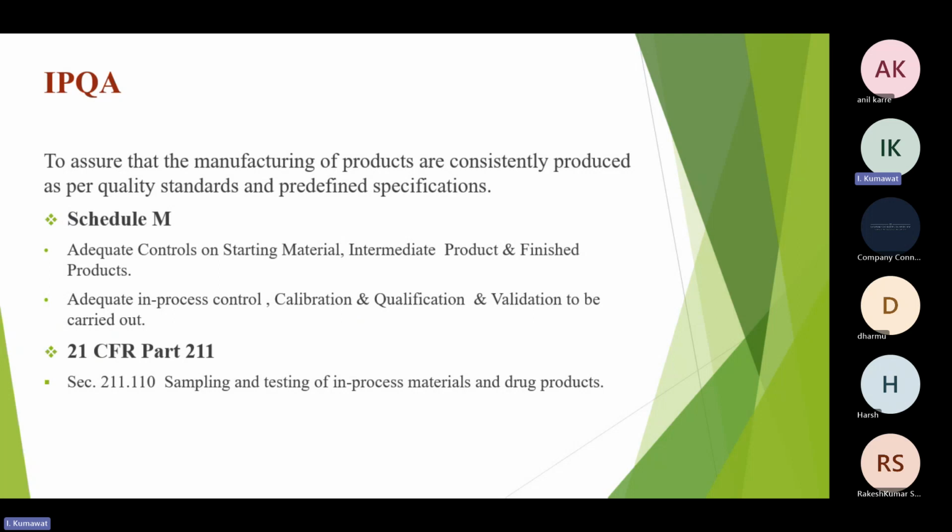Validations to be carried out means whatever equipment we are using for the manufacturing of the tablet or capsule should be within the validation stage during the execution of that particular product on that particular equipment. And as per 21 CFR Part 211, there is sampling and testing of in-process material and drug product. So these are the responsibilities defined in Schedule M and 21 CFR Part 211 for the IPQA.